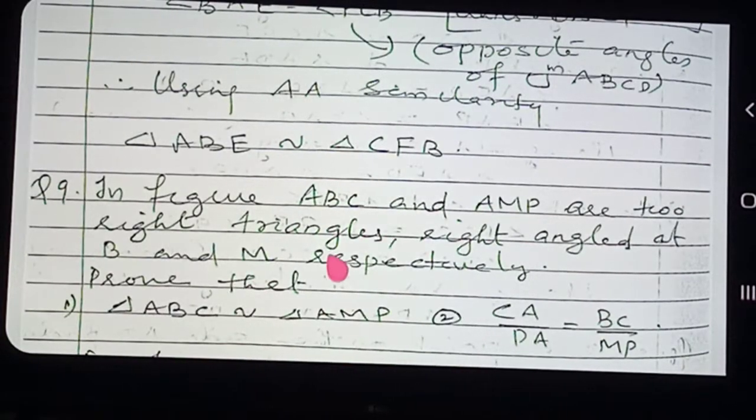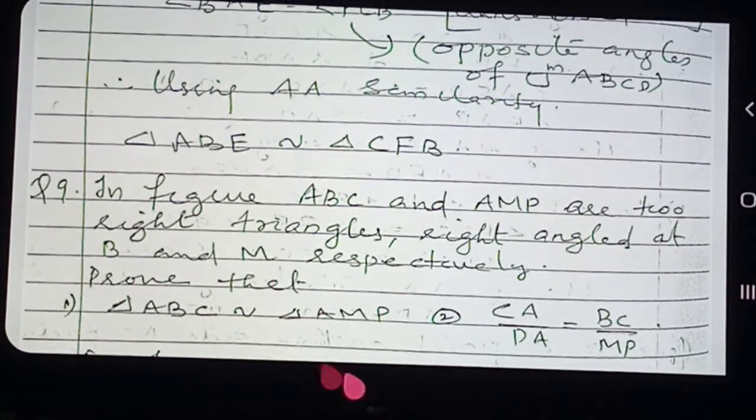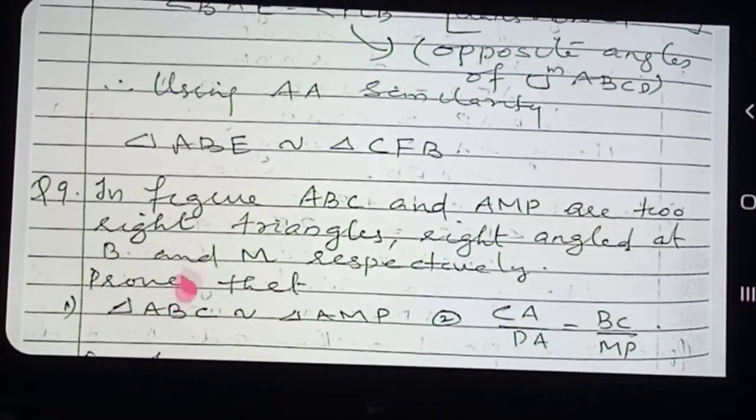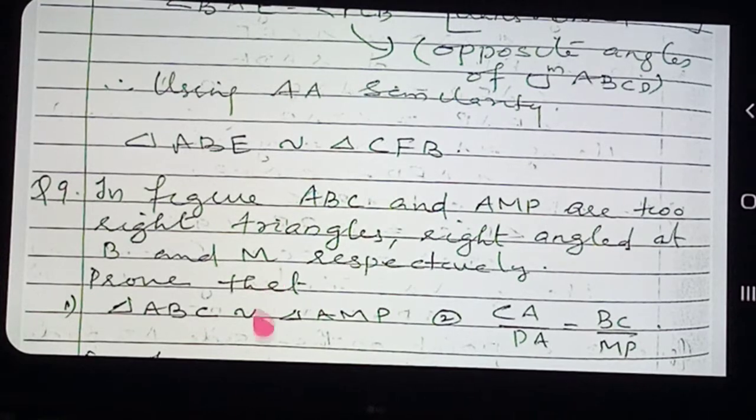In the figure, ABC and AMP are two right triangles, right angled at B and M. Right angles at which points? Right angle at the point B and right angle at the point M. Triangle ABC is right angled at B and triangle AMP is right angled at M. Clear?